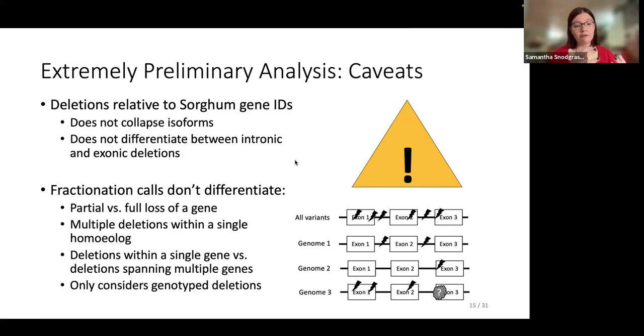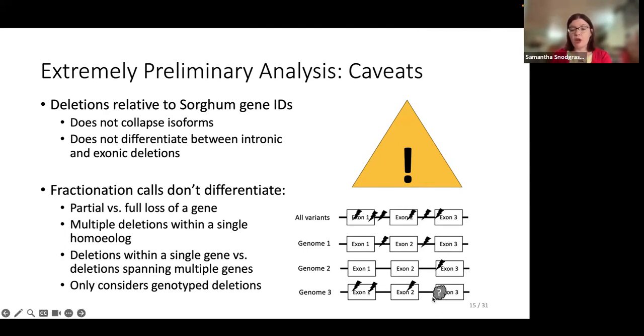Finally, fractionation calls here are very, very coarse, such that if there is any deletion within that gene space, that homeolog is considered lost. So here in this cartoon example, you have all of the variants collapsed across all of the genomes here at the top.